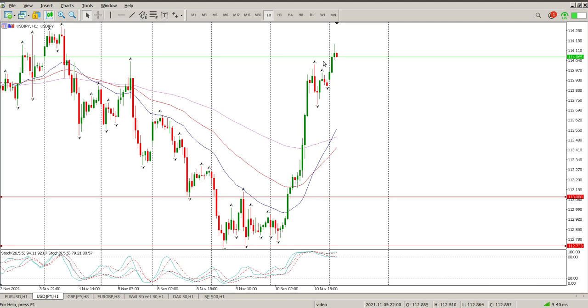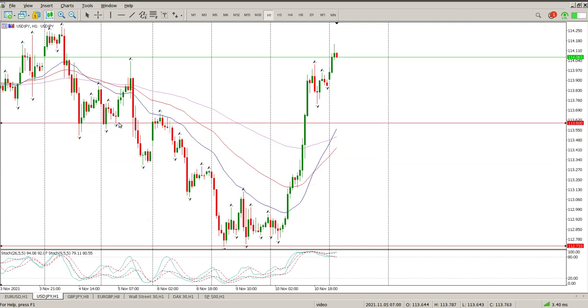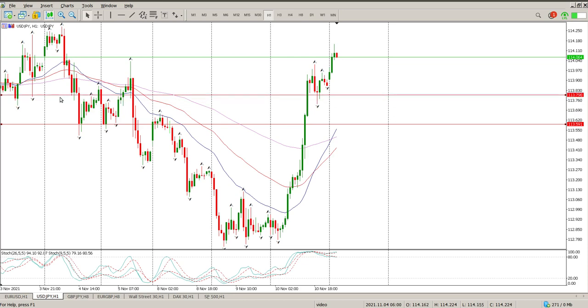At the moment, same thing. It's forming a flag. So what you're looking for is structure, and you need to look to the left. Don't look this side, look to the left of price here, and you're looking for where the most logical area is for support, and this is the first area here.